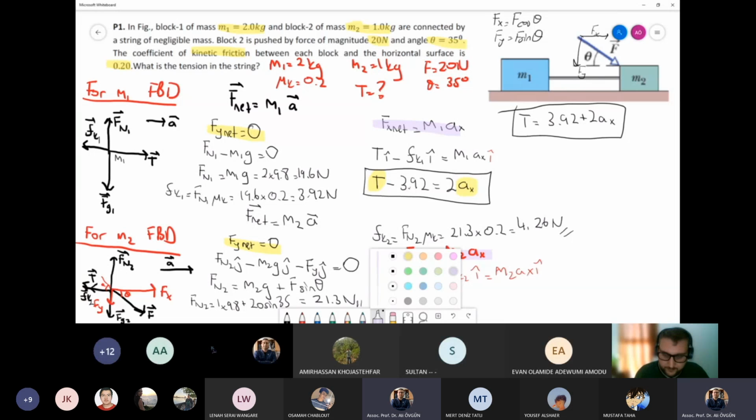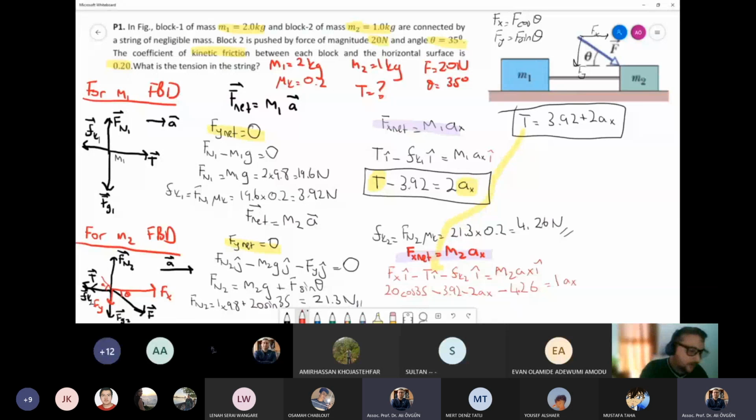Take it from here and put it here. So 3.92 plus 2 ax minus Fk2, which we already found, 4.26, equal to, what is M2? M2 is 1 ax. Now let's solve it, because you have only one unknown.